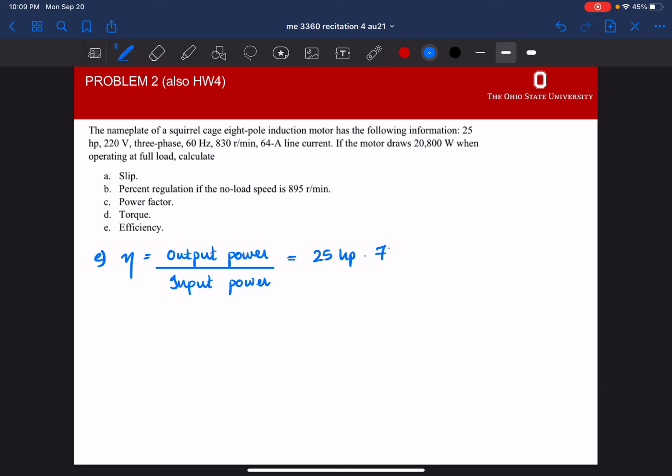Let's convert that to watts as well, and the input power, as you guys saw, is 20,800 watts. And plugging in these numbers, you will see that the value here is 0.897, or we can say that it's 89.7% efficient.